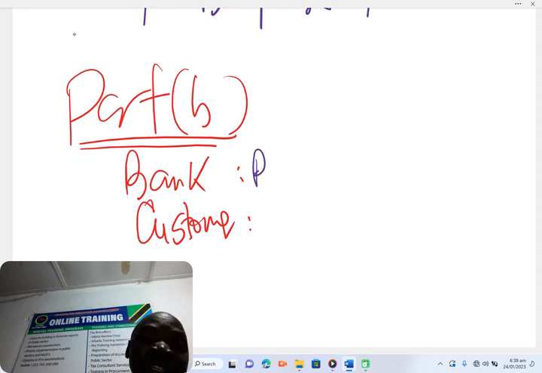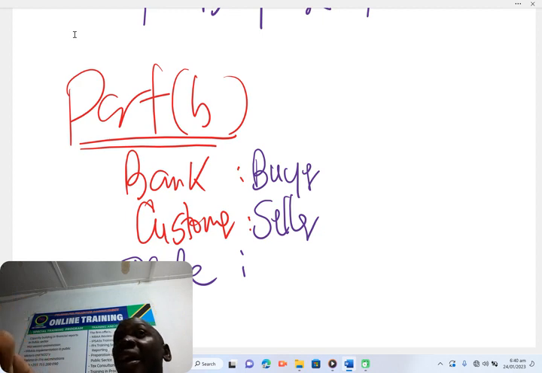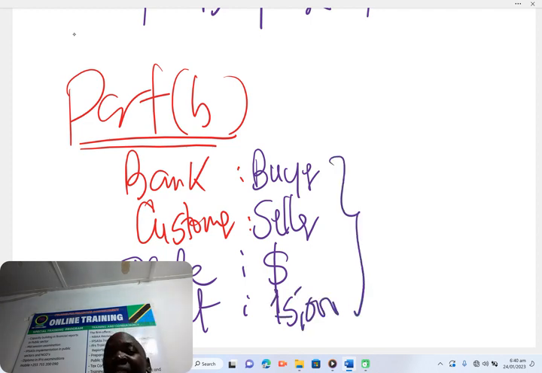So right here, bank, buyer, and the customer is a seller. What is a trading currency? Trade is made on which currency? Dollar. And the units, so we have $15. So, having this, you can now select which quotation from the above.